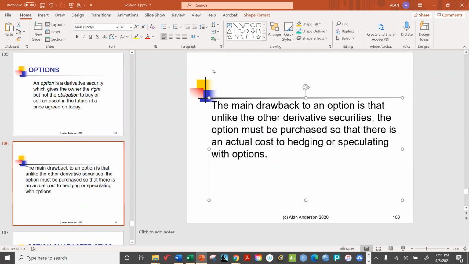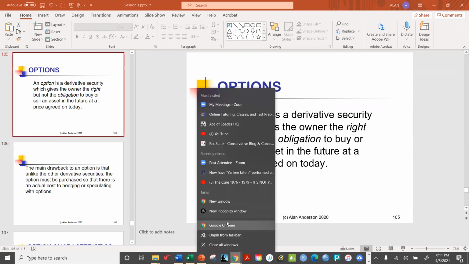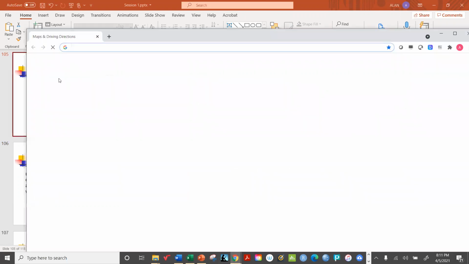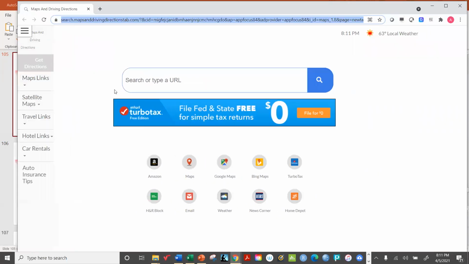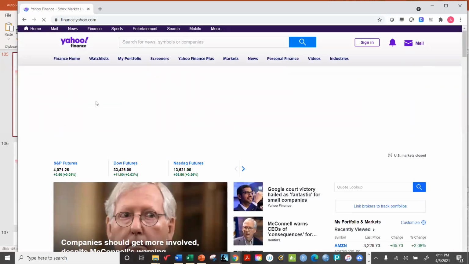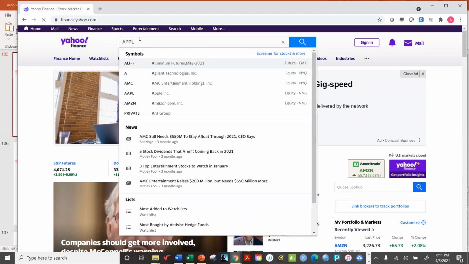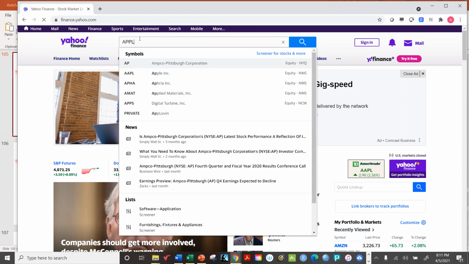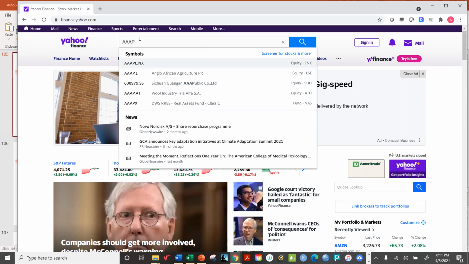All right. And by the way, here's an interesting side note, though. Unlike the other three, we can actually easily find information about options in the marketplace. There are many different websites, for example, finance.yahoo.com. And if you look here, let's say I go to look at Apple, AAPL.